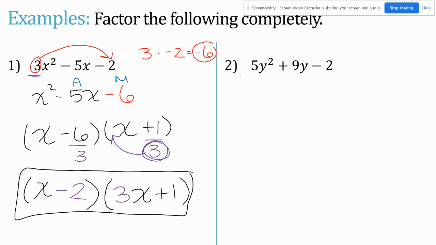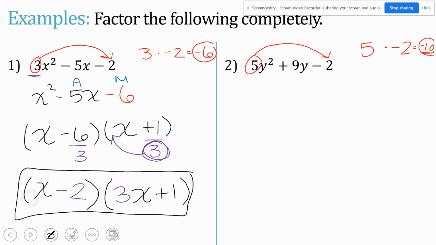Okay, last one, 5y squared plus 9y minus 2. Same thing. This is bigger than 1, so we're going to multiply 5 times -2 is -10. So that's going to be our new C term. y squared plus 9y minus 10.